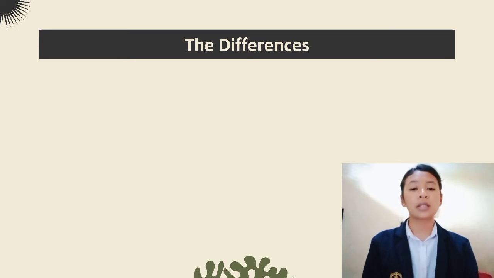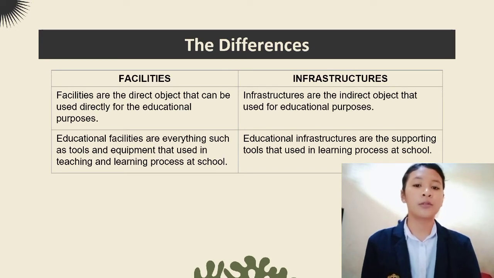But do you know what the differences between facilities and infrastructures are? The main difference is that facilities are the direct object and infrastructures are the indirect object.